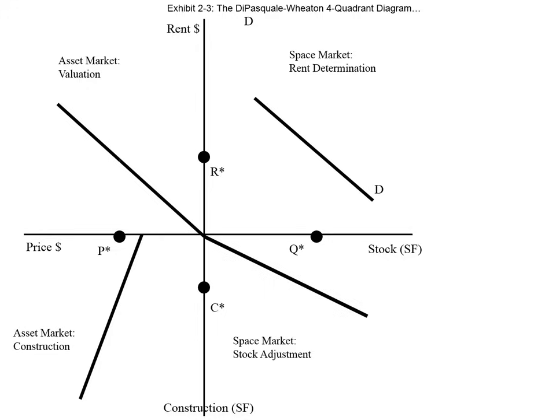A cap rate in the market, of course, is a current yield calculation defined as the net operating income divided by price. But this slope right here is pretty important because it reflects how much a property is worth per dollar of rent. Now, if this slope would flatten out, that would mean that people are willing to pay a higher price for a given level of rent and accept lower yields.